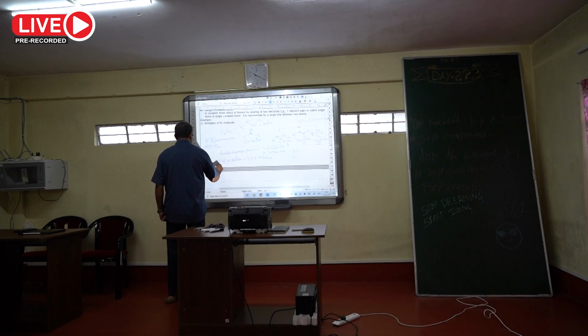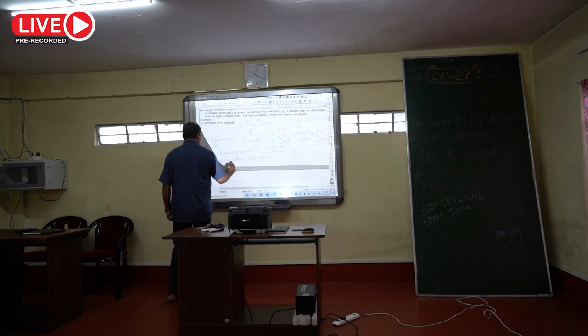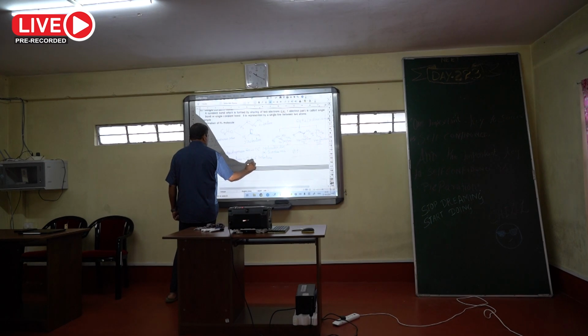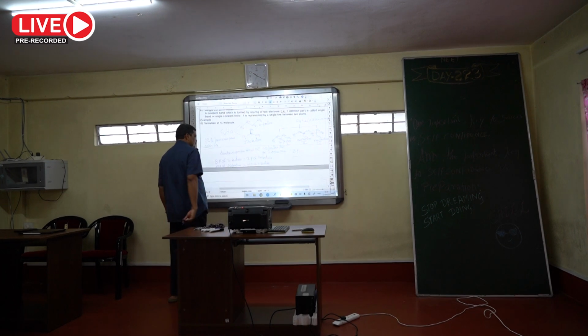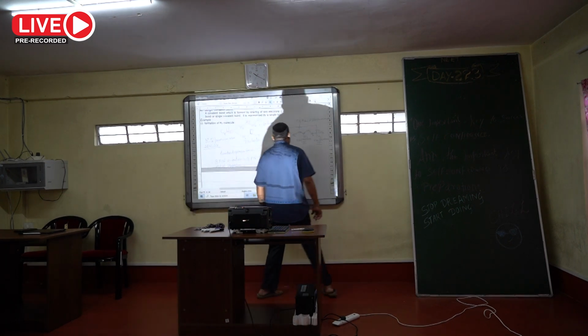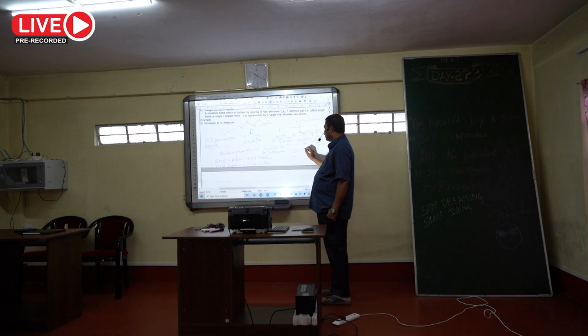Now the melting point of isopentane is greater than the melting point of n-pentane. Similarly here also, the boiling point you have already answered.